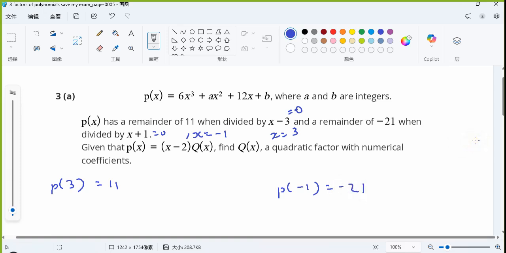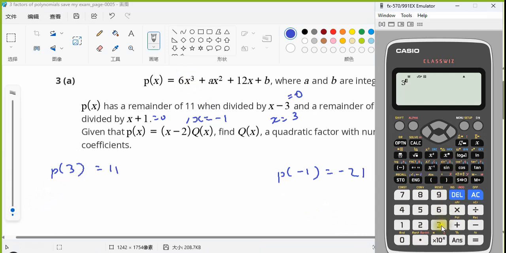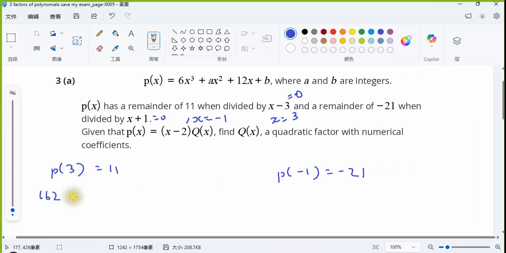Okay, so find Qx. So P3 equal to 11, so 3 cubed. So 3 power 3 times 6 will be the 162 plus 9a plus 36 plus b equal to 11.